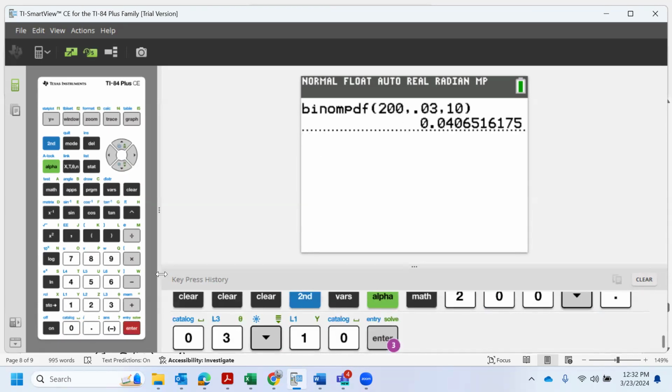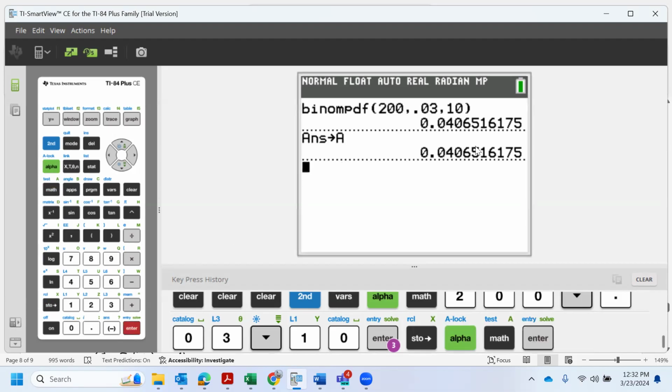Because that's the value of the probability, if you round it, it becomes 0.0407. So you press store, STO, alpha A, and it will keep it as the value A.